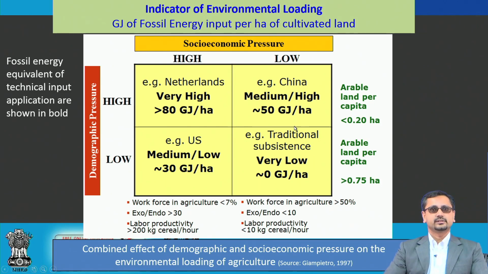For the same low socio-economic pressure and low demographic pressure, these are the traditional or subsistence economies where the fossil fuel input to agriculture is very low, in the range of very few gigajoule per hectare. So that is why we can show the combined effect of demographic as well as socio-economic pressure on the environmental loading of agriculture.